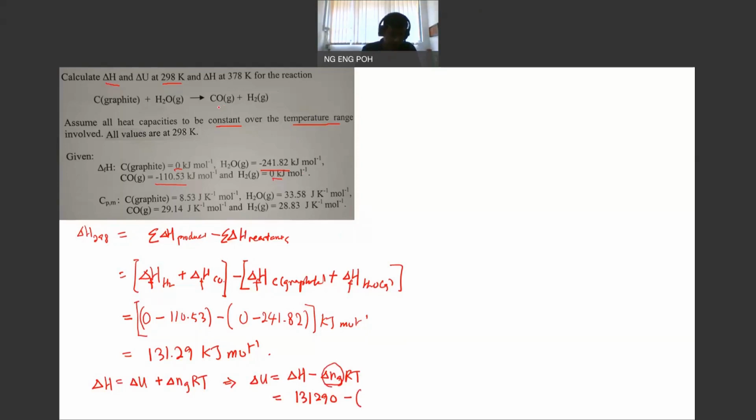You only count the substances that exist in gas form. Carbon graphite is a solid, so we don't count it. So 1 mole plus 1 mole minus 1 mole, so this is 2 minus 1. R is 8.314 joule per mole per Kelvin. T is 298 Kelvin. So you cancel off, and this is joule per mole.